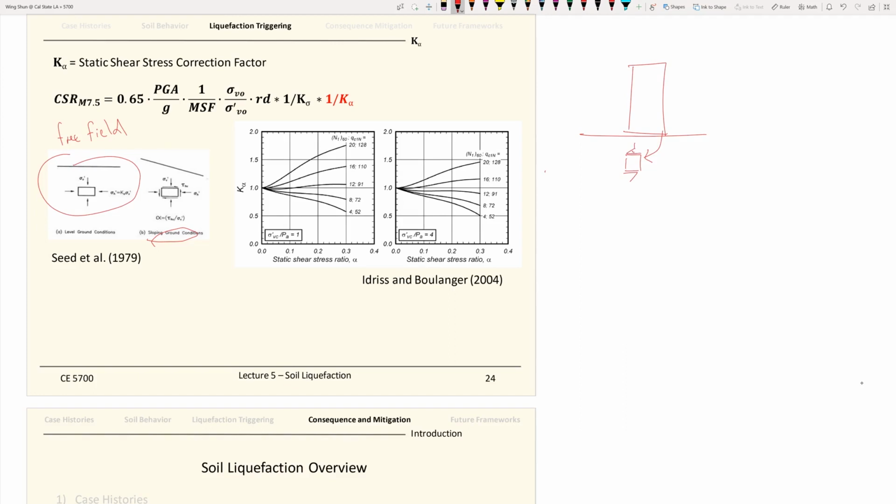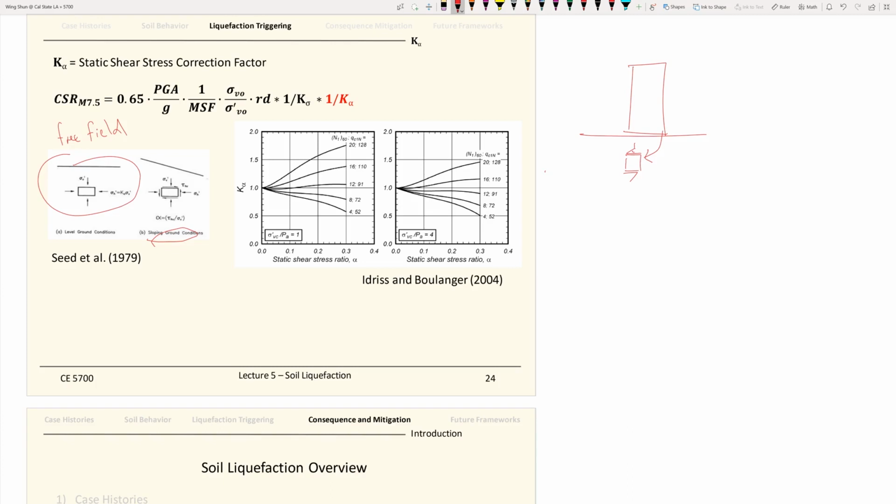Sloping ground is one of the simpler loadings added on your soil that is susceptible to liquefaction triggering. It gets even more complicated when you have a building, with structural loading sitting on a project site, where you want to investigate the triggering of soil liquefaction. In fact, Professor Jonathan Bray at Berkeley focused on this subject, trying to develop an engineering procedure to find out the effect of structural loading on liquefaction triggering.